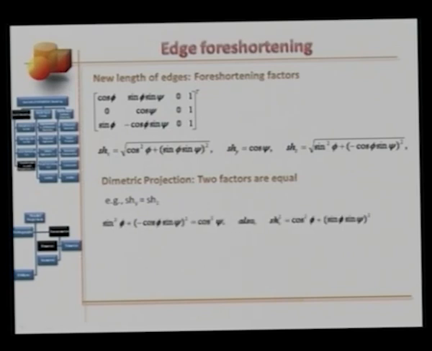This implies that cosine squared psi is equal to sine squared phi plus cosine squared phi times sine squared psi, which is this term.